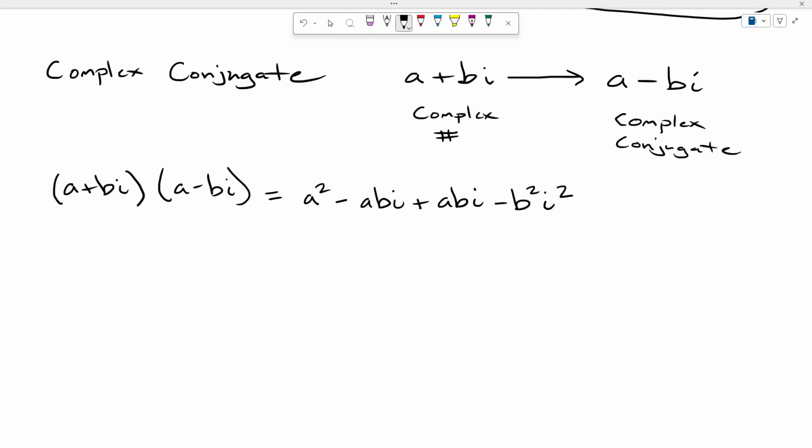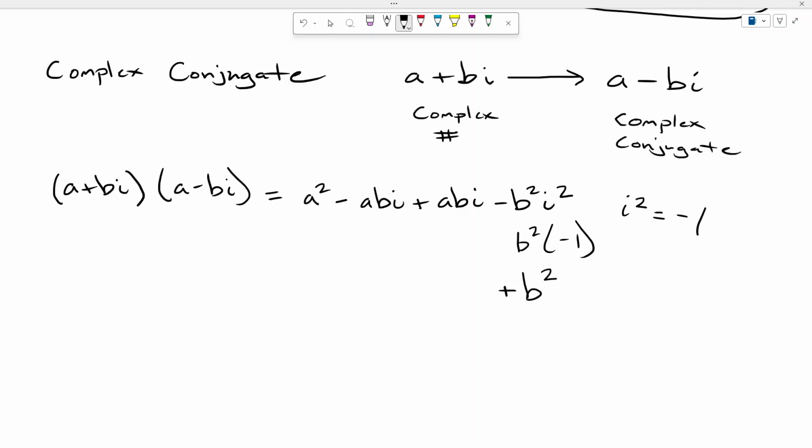Okay, and now remember what we said, i squared, according to our rule, is equal to negative 1. So if we take the b squared times negative 1, this will be a negative b squared, and again, minus a negative, so this would end up as plus b squared.